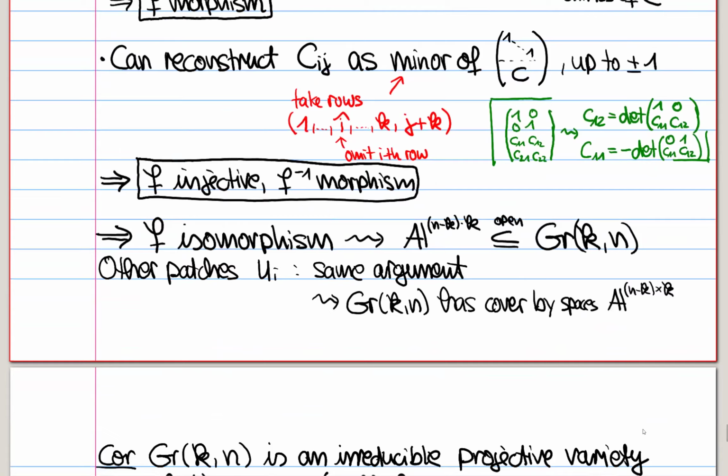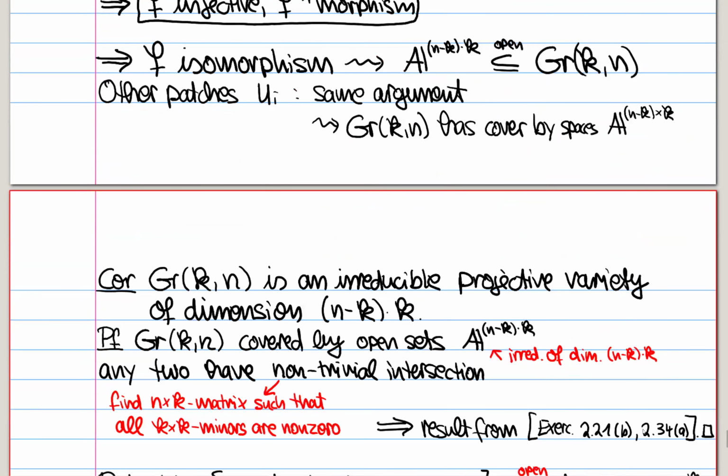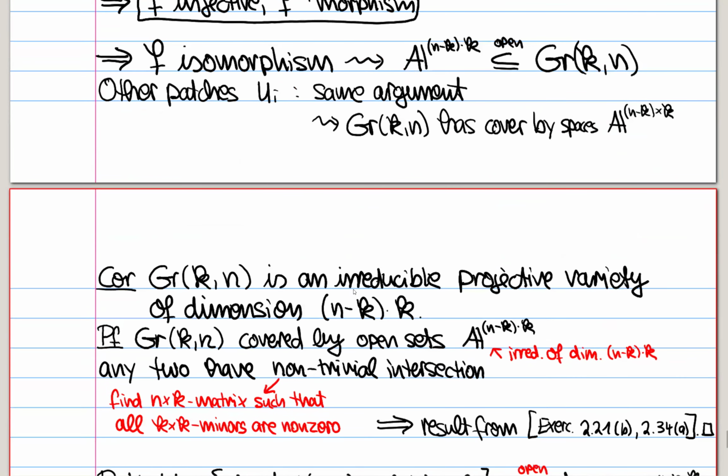And that's good enough to show some nice topological properties, namely that the Grassmannian is an irreducible projective variety of dimension (n minus k) times k. This thing is covered by these sets, and these are irreducible and of the dimension that we claim.